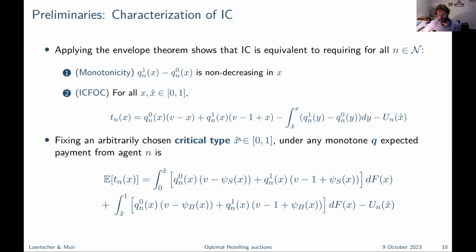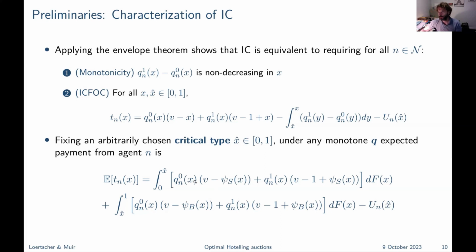Okay, so now we're going to call x hat an arbitrary critical type. You can choose that arbitrarily. The expected transfer you're going to get from the agent can then be written as this integral from 0 to x hat, integrating over this term, plus the integral from x hat to 1, integrating over this, minus the interim expected payoff of the agent of type x hat.